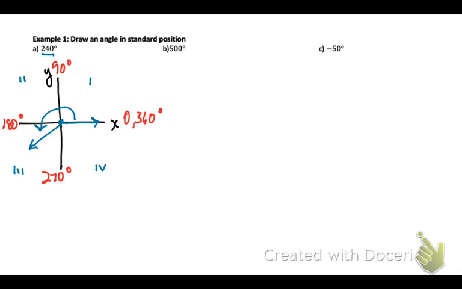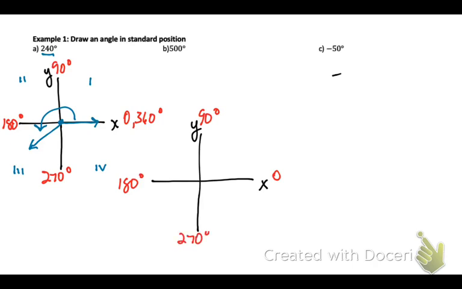So 500 degrees. First we're going to draw that XY axis and then label your angles, 180, 270, and 360. All right, now the initial side is going to be along that positive x-axis with the vertex at 0, 0.